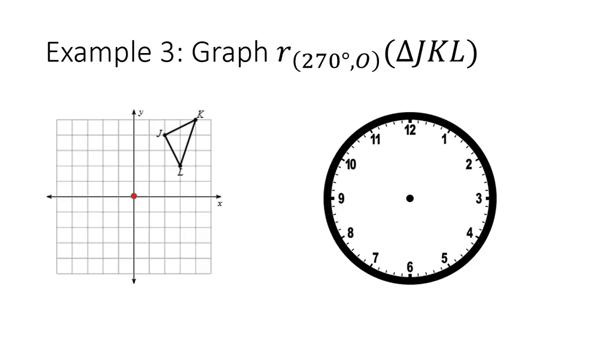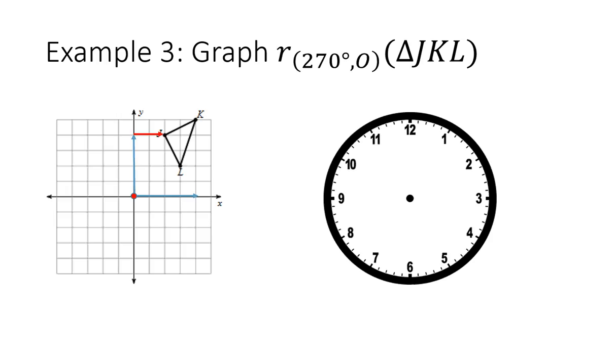Okay, so I'm going to start with point J, and I'm going to figure out my horizontal and vertical movements. And so starting at point J, I am pointing towards the 12 and it's up 4, and then I am pointing towards the 3 and it's right 2. So when I do a 90-degree clockwise rotation, which is the same as a 270-degree counterclockwise rotation, if I'm starting at 12 and I'm going 90 degrees clockwise, I'll end up at the 3 o'clock location.